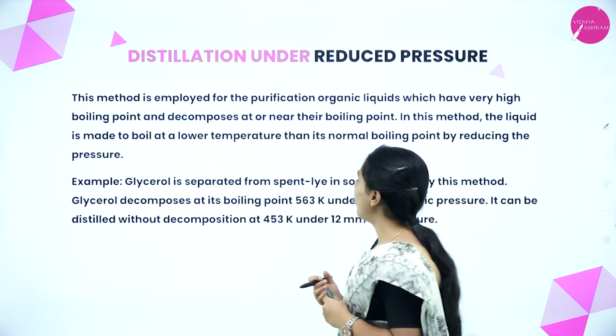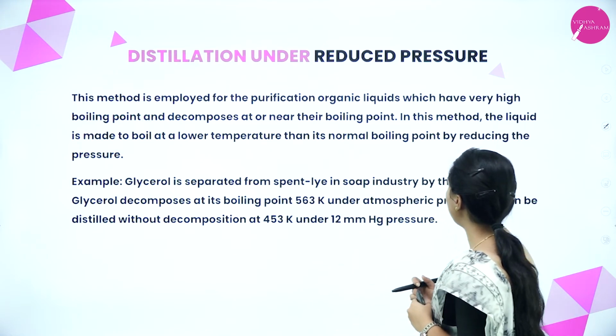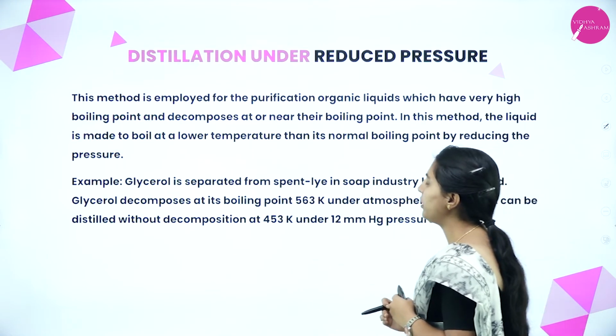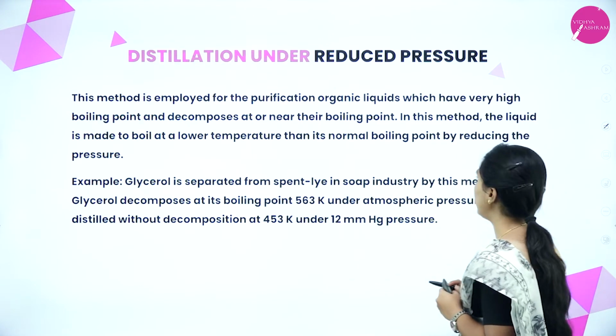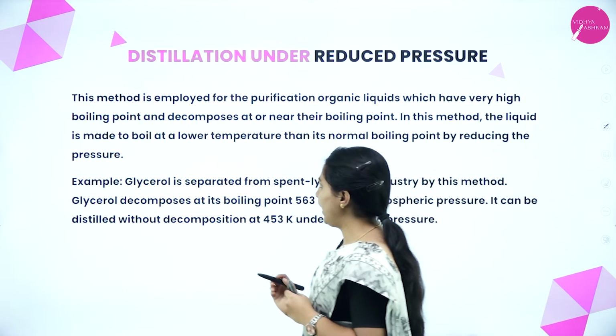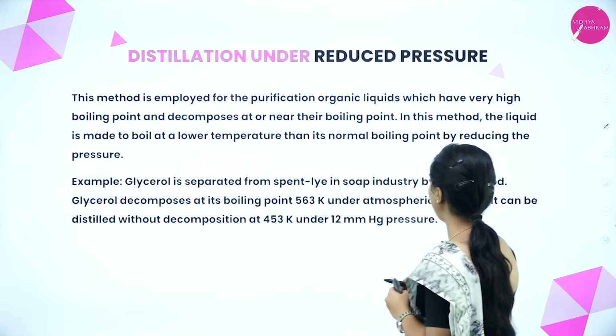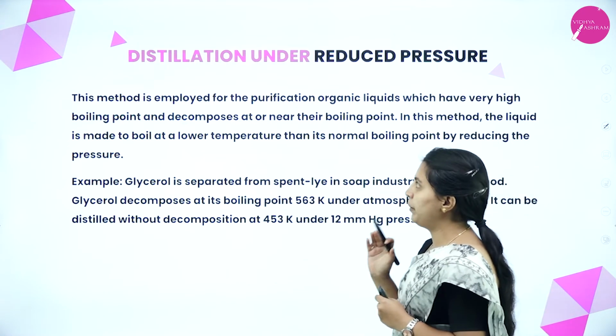This method is employed for the purification of organic liquids which have a very high boiling point and decompose at or near their boiling point. In this method, the liquid is made to boil at a lower temperature than its normal boiling point by reducing the pressure.